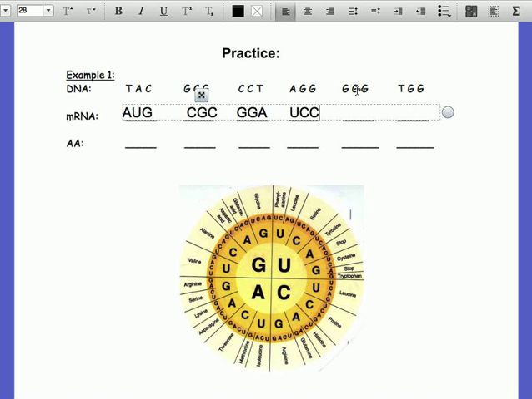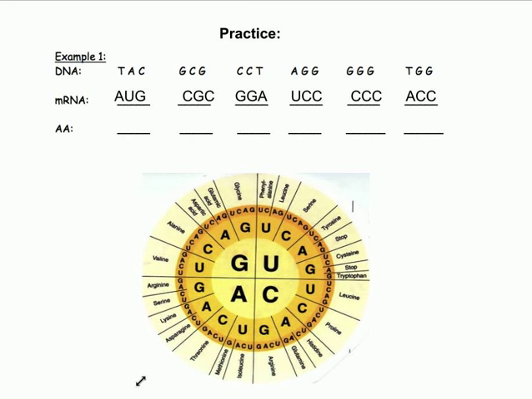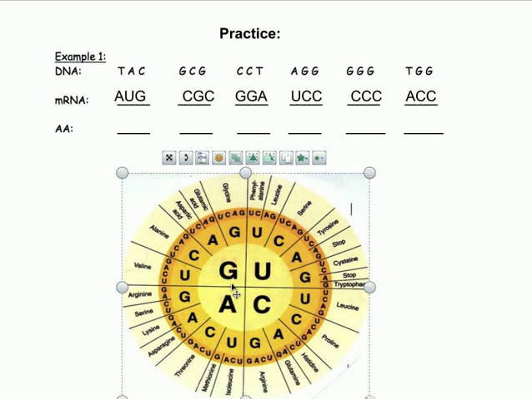And C's bind to G. Here we have C, C, C. And then A, C, C. So that's transcription. Just copied the DNA into an mRNA molecule.